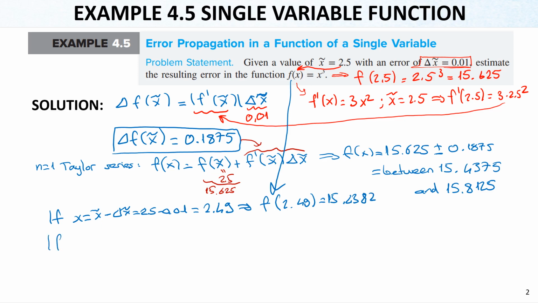And if x is equivalent to x tilde plus delta x tilde, because it can be plus or minus, 2.5 plus 0.01, which becomes 2.51, then if we use the function, the result f(2.51) is 15.8132.